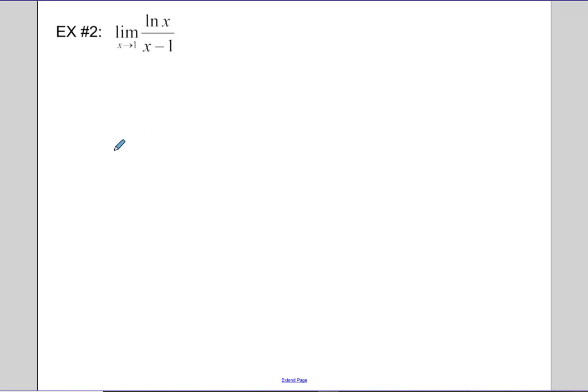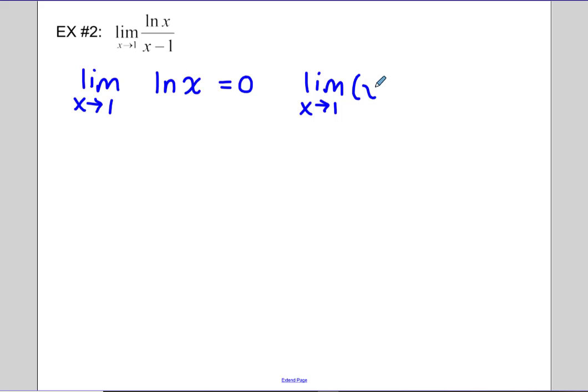Then you can use L'Hopital's rule. Let's take a look at how that would look on a free response type question. The limit as x approaches 1 for natural log of x is 0, and the limit as x approaches 1 for x minus 1 is also 0. So here we've stated those two facts: the limit of the numerator is 0, and the limit of the denominator is 0.